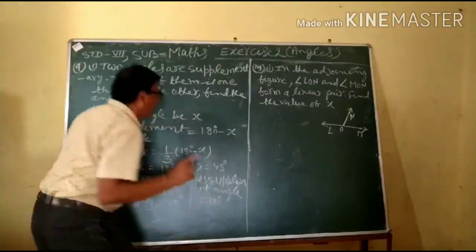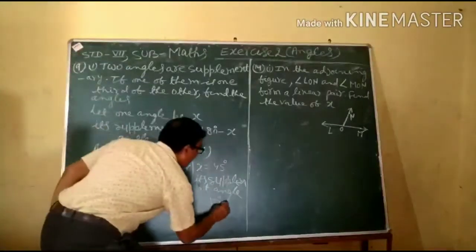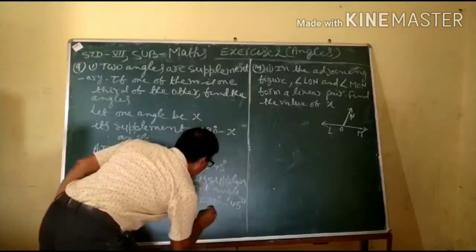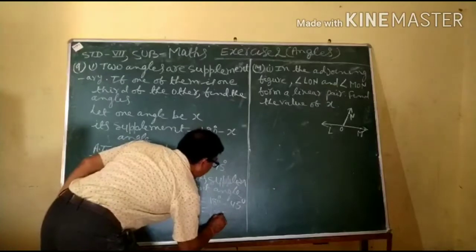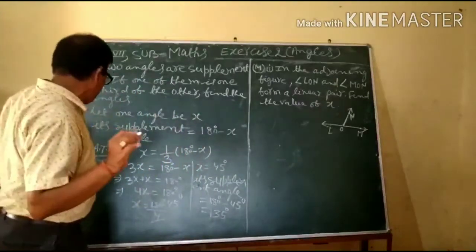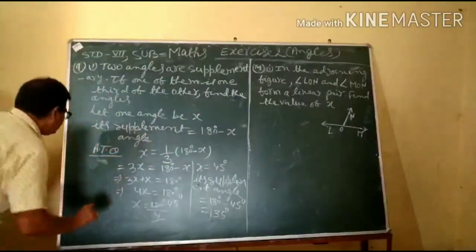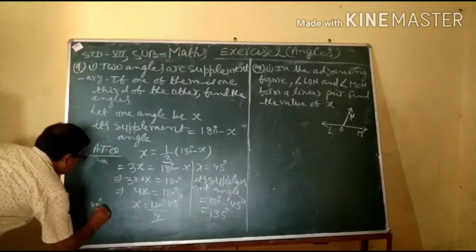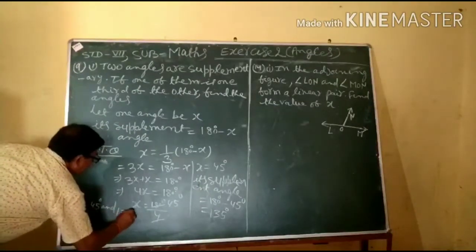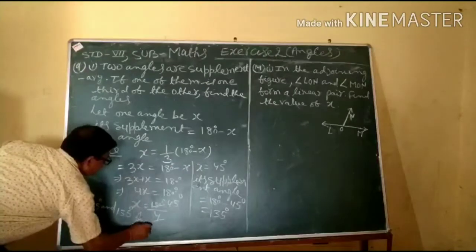And what is the value of x? 45 degree. So what will it come? 135 degree. So your answer is 45 degree and 135 degree.